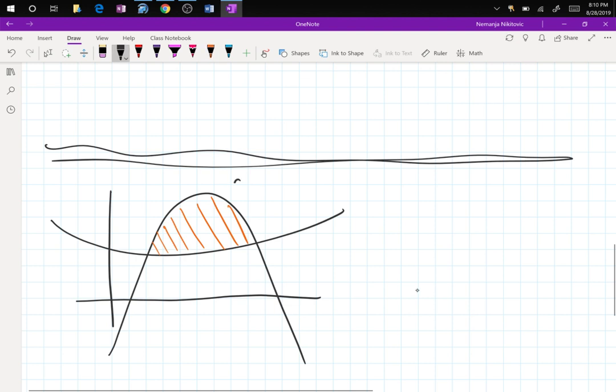So the function on top I'm going to call f of x. The function on the bottom I'm going to call g of x. So that's our standard way to denote functions on x and the y.